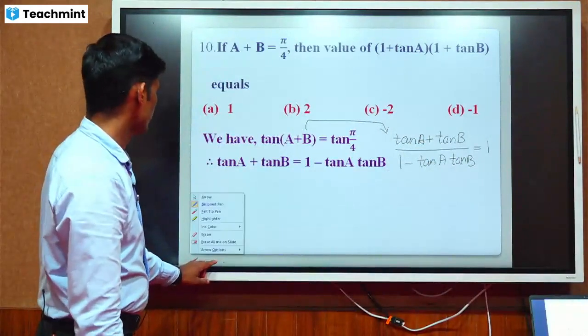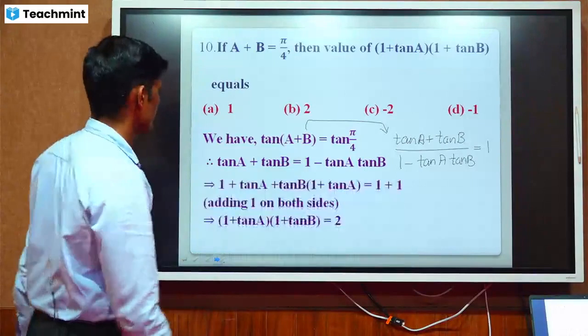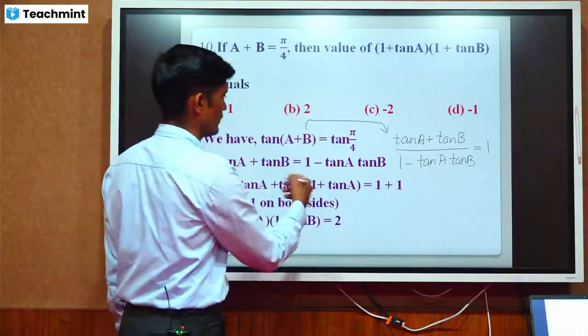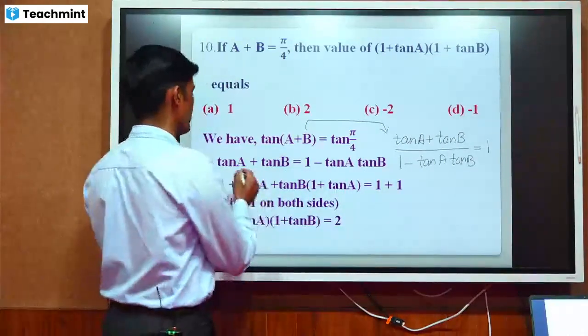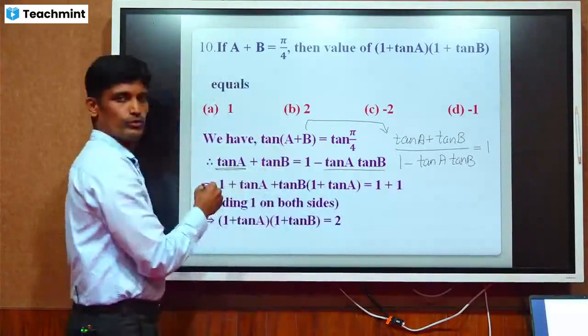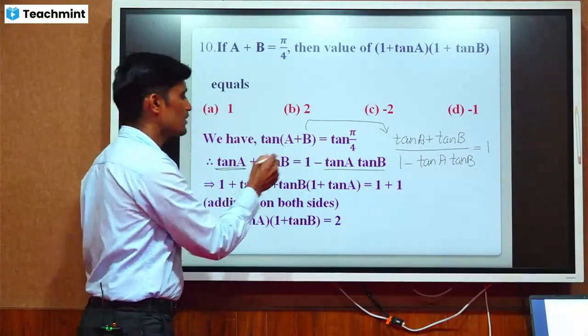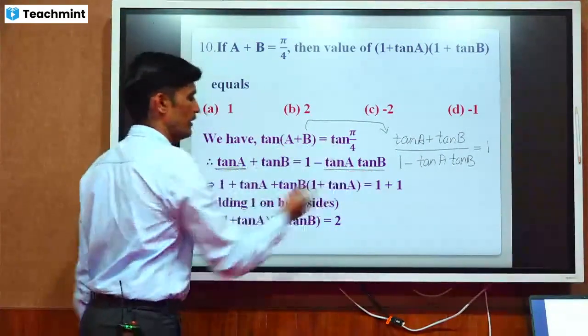Let us simplify this. If you add 1 on both sides, or simply you can observe here, if you take tan A common among these two, tan A into 1 plus tan B, here we will get plus tan B. So there we also need to add 1 on both sides.